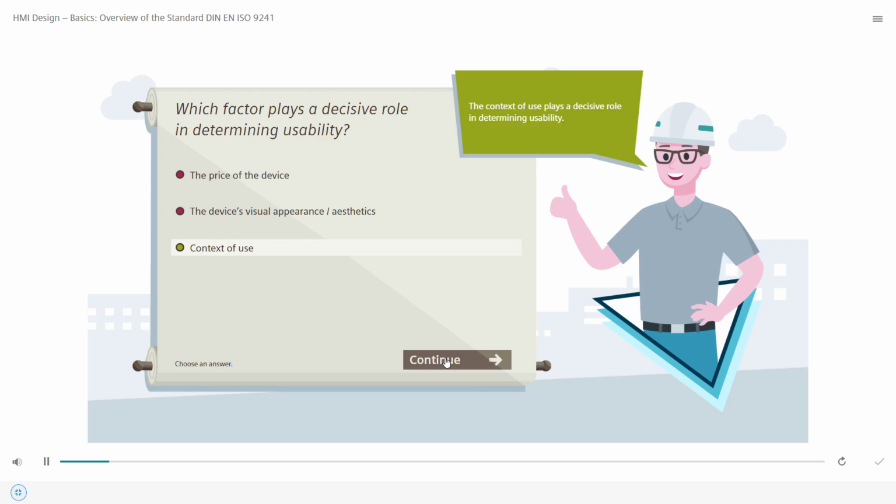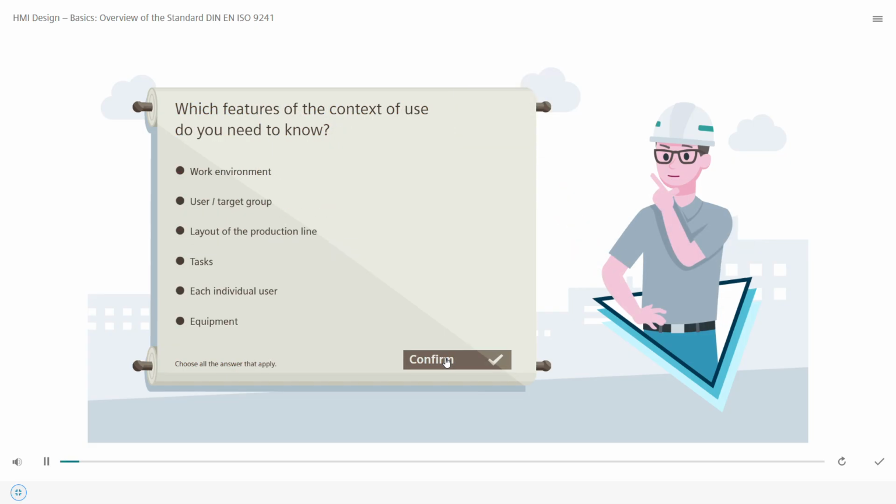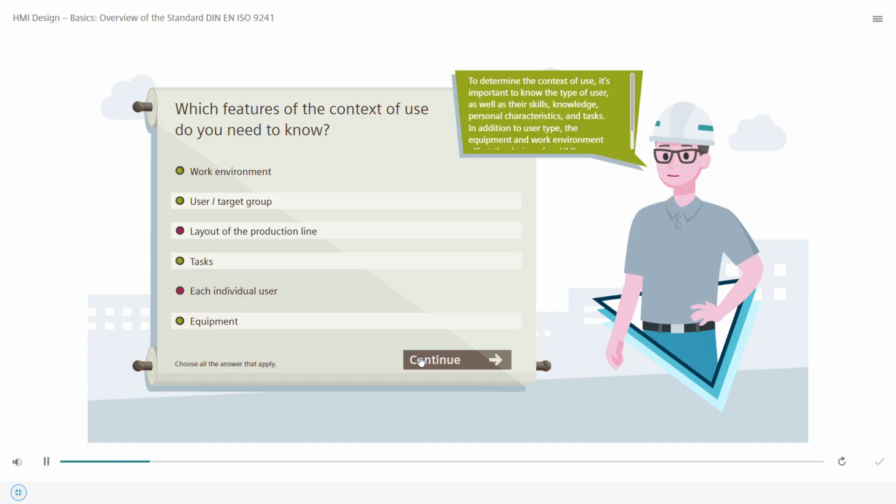The context of use plays a decisive role in determining usability. To determine the context of use, it's important to know the type of user as well as their skills, knowledge, personal characteristics, and tasks.